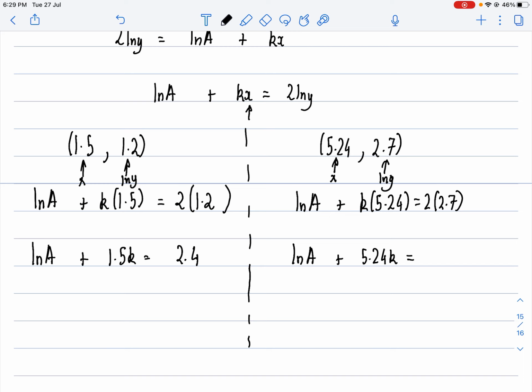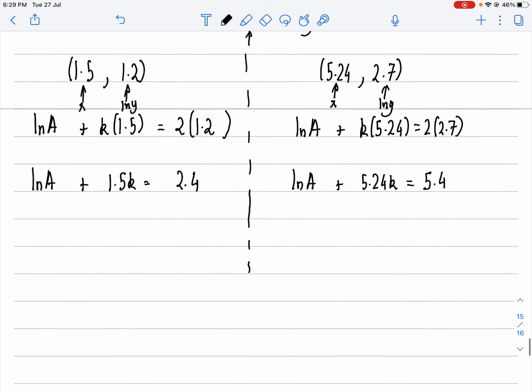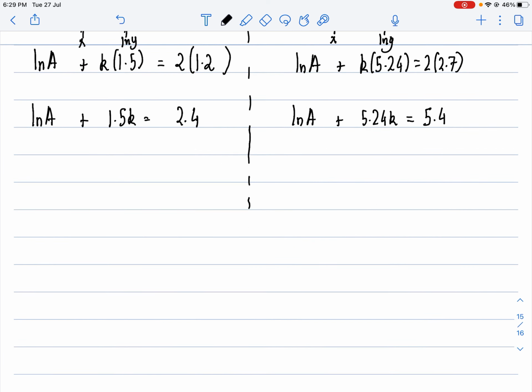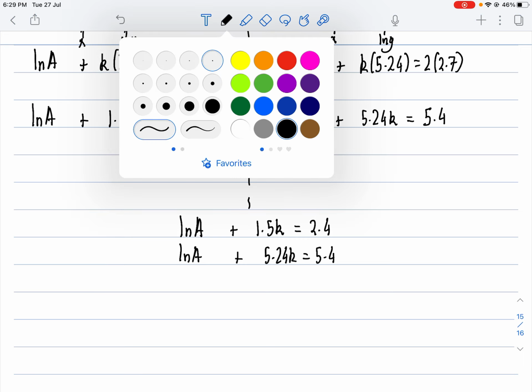So 2 into 2.7 is basically 5.4. Correct? So now I have these two equations: ln a plus 1.5k equal to 2.4, and ln a plus 5.24k equals 5.4.